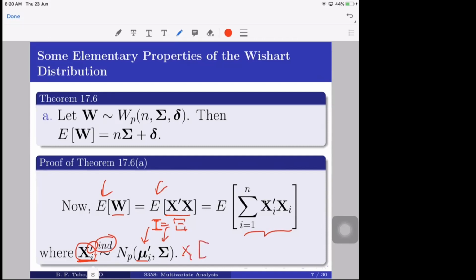Si x1 is x11, x12 until x1p. So the variability will be concerned between the columns but no longer among the rows. But if we are talking about the whole x, then it should be normal with mu, I, and sigma.